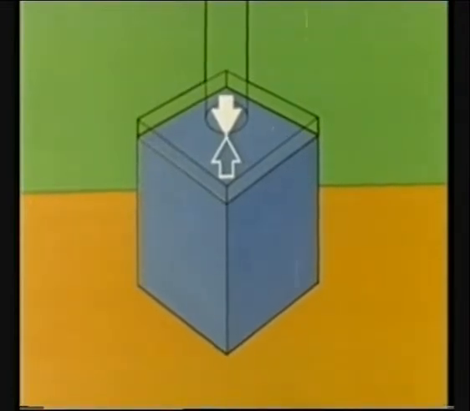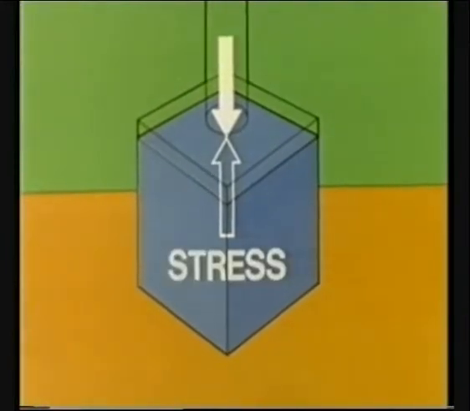If the downward force is increased, there's an equal increase in the resistance. A material in this situation, in the act of resisting a force, is said to be in stress.